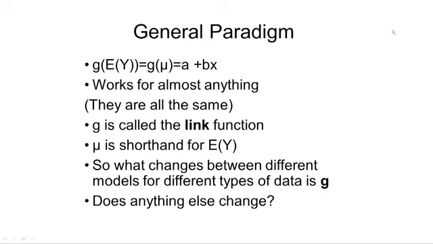So the general paradigm for a generalized linear model is there's some function of the expected value of y that is additively related to a set of predictors. And that function has a name. We call it the link function.